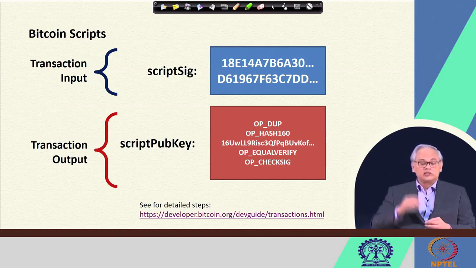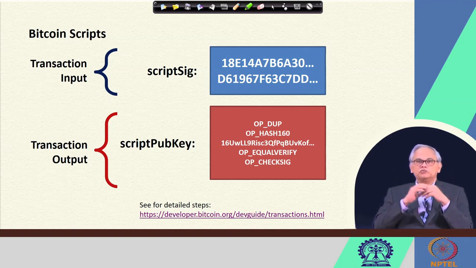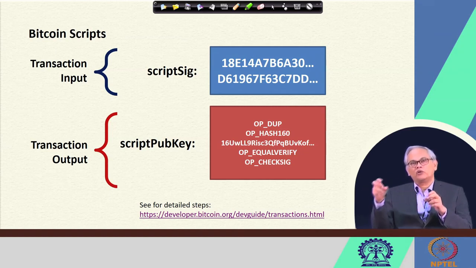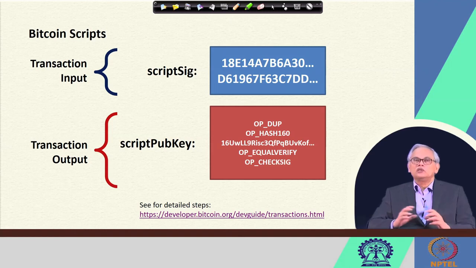So, let us look at this example. There are these two concepts. First of all, the transaction input, and the other is the transaction output. Let us take the example when Alice has got these 100 bitcoins and then Alice is making a payment of 40 bitcoins to Bob. In this case, what is the output?